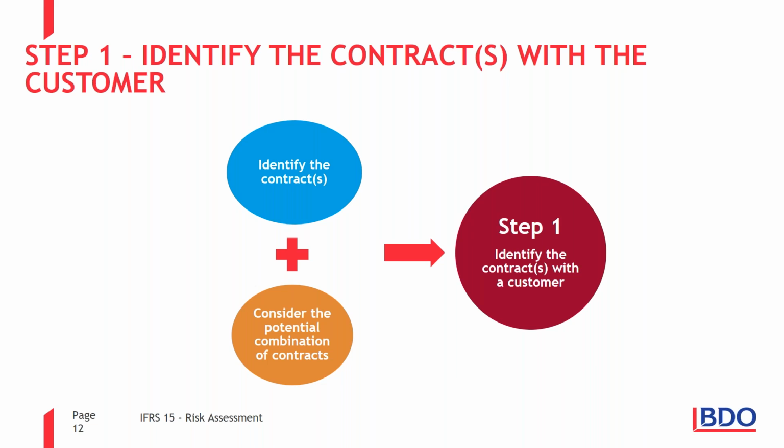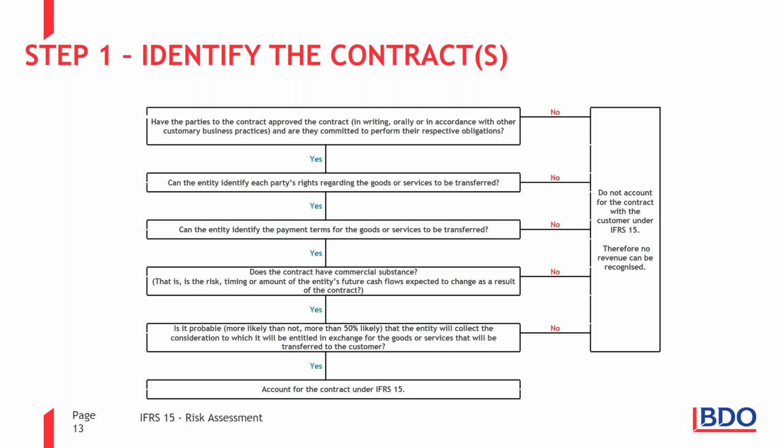And we've always said there's 2 parts of it. There's identify the contracts, but there's also, very important, consider whether these contracts should potentially be combined. And those 2 things form part of step 1 realistically. And you will remember that I've given you 2 decision trees over the months. The first one was around identifying whether we've got a contract or not.